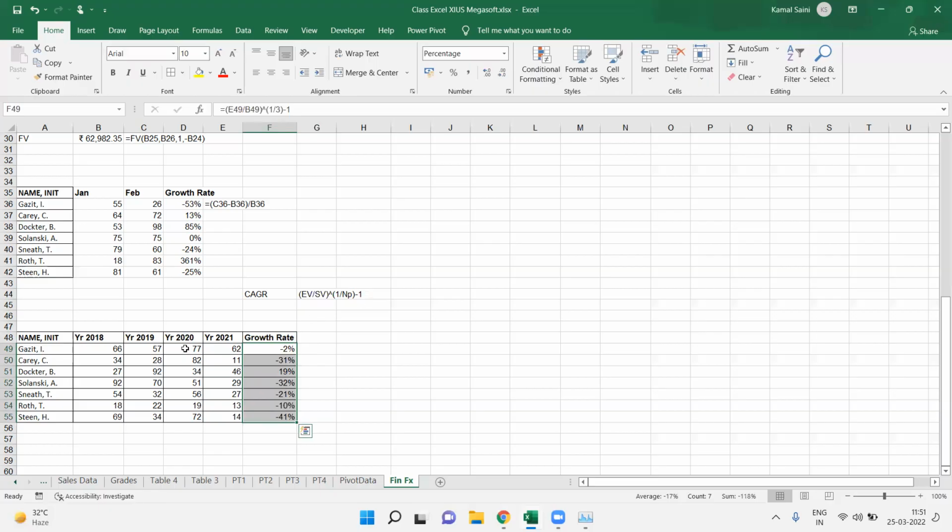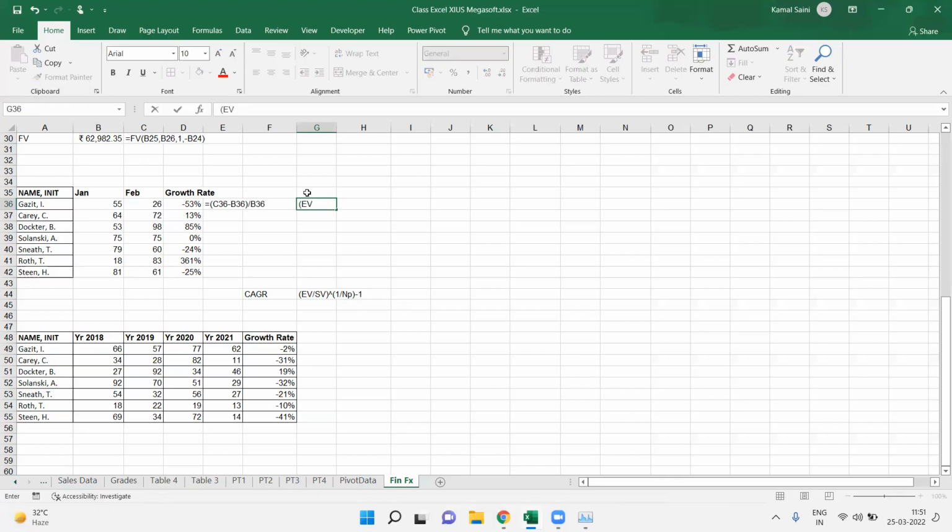Because it was very small, 66 has reached 62 only, so there is a small decrease in this. I wrote it incorrectly, that's fine. The formula is end value divided by start value, whole to the power 1 by number of periods, minus 1. And this was simple.